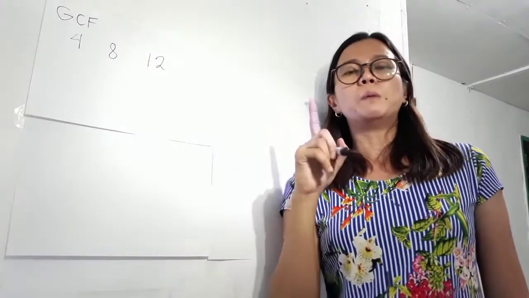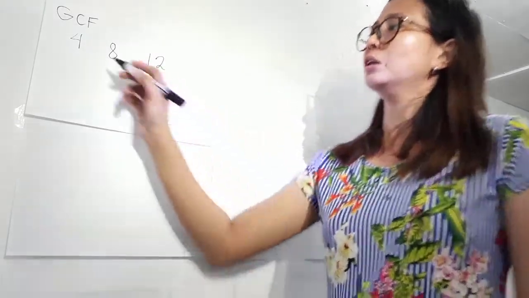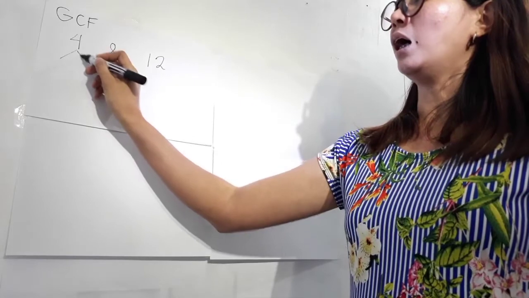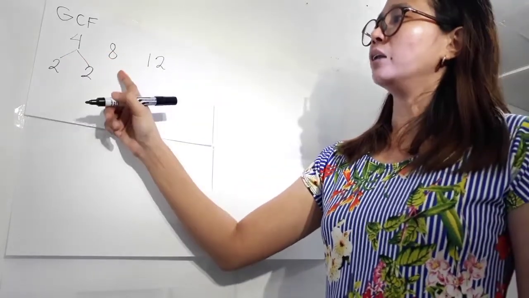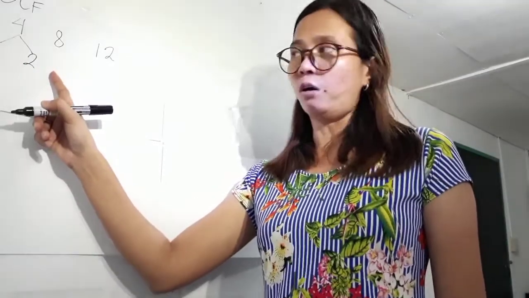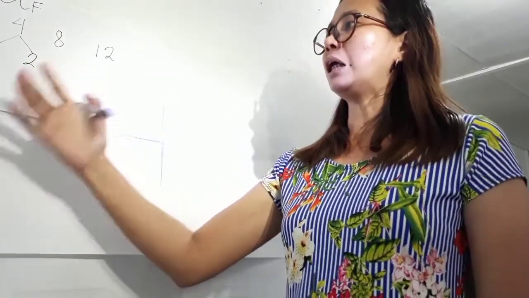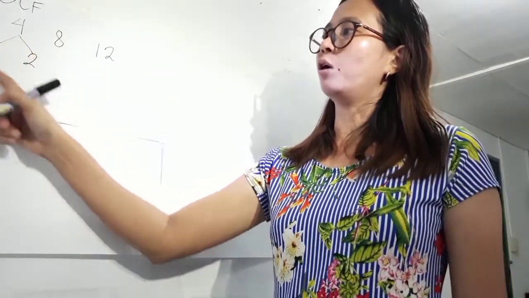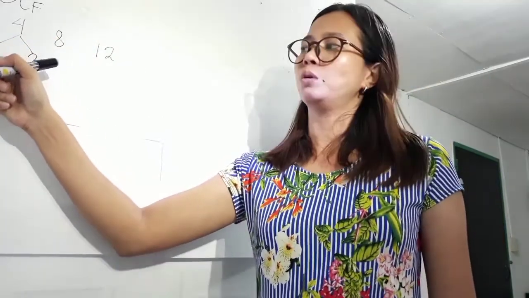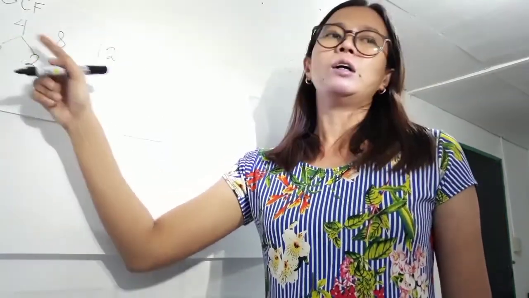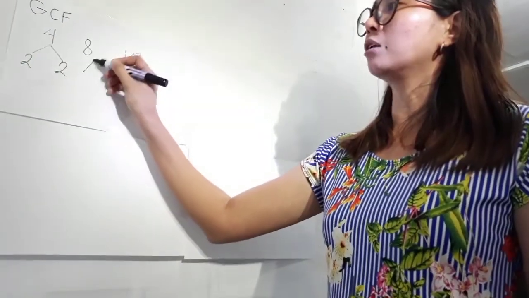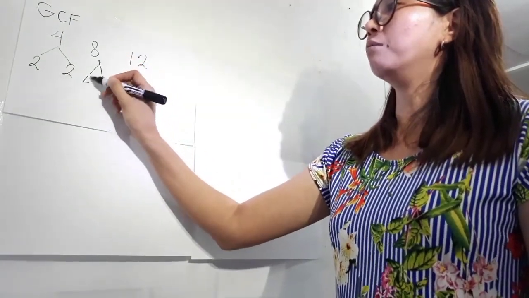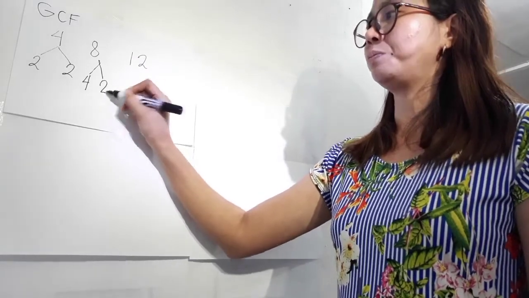Using prime factorization, for 4 we have 2 times 2, and there is no other factor, so that's the end of the factors. How about 8? That is 4 times 2.